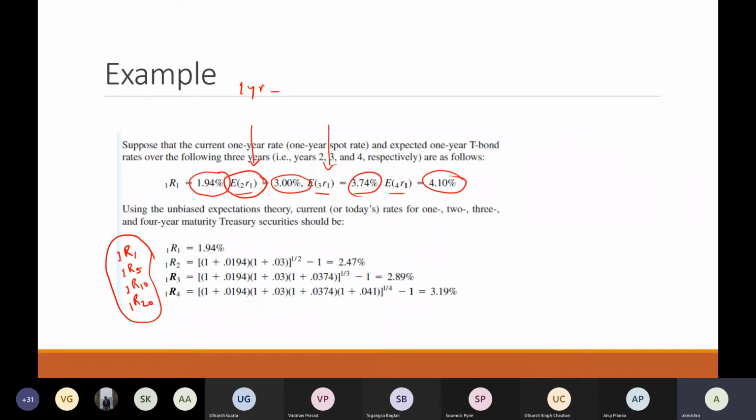So let's say I want to know what should be the yield of 1-year, 5-year, 10-year, 20-year maturity bonds. It can be calculated using this kind of relationship where we assume what could be the expected return on a 1-year maturity instrument one year ahead, and then using our normal calculation approach, the geometric series, we calculate these different maturity instrument yields.